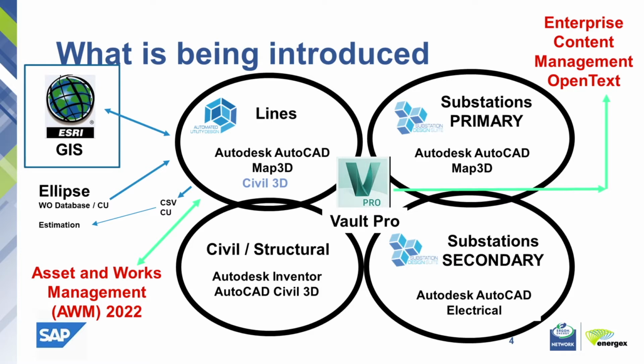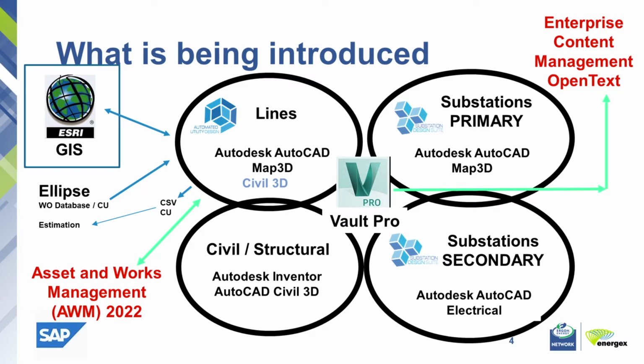This is a bit of a drawing of what we're introducing as part of the Unified GIS project. To give some background, about 3 years ago, we amalgamated 2 large entities in Queensland, 2 different standards, 2 different processes, 2 different systems. So we are going through the process of unifying all our systems.